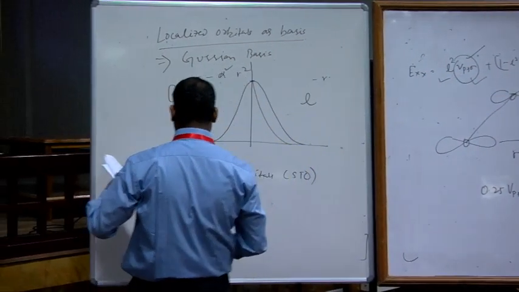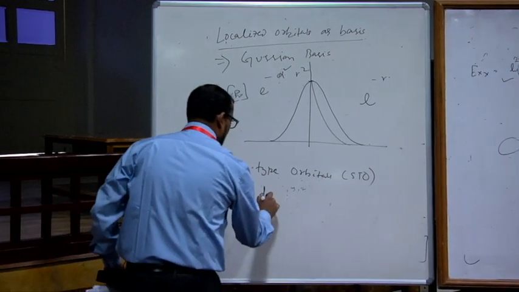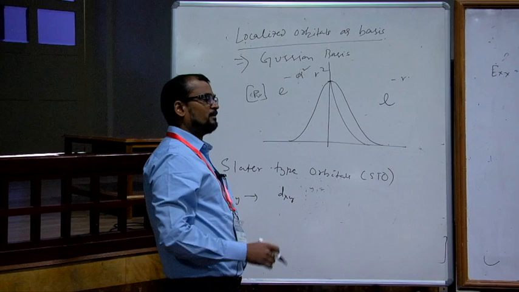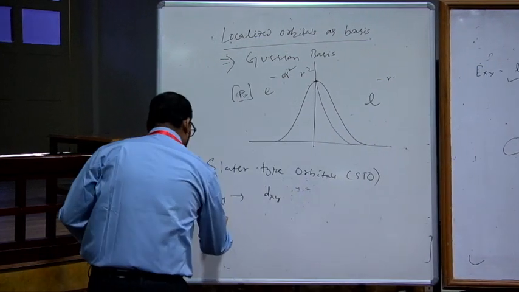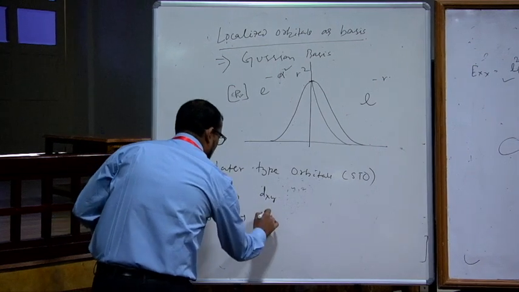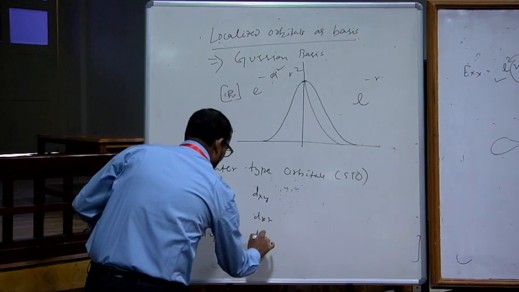A few of them I can give as examples. You can take g_xy, that will resemble your d_xy. You take xy, meaning L is equal to 1, M is equal to 1. Similarly, you take g_xz, that gives you d_xz, and g_yz gives you d_yz.